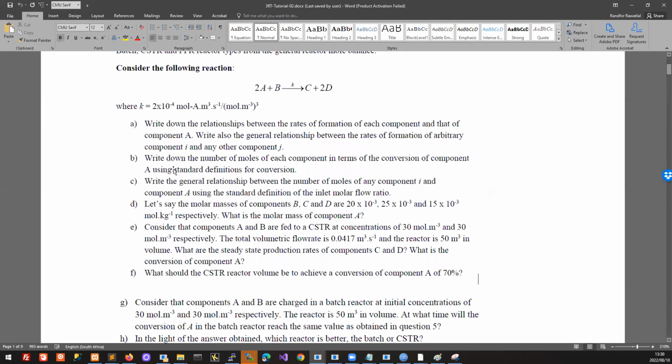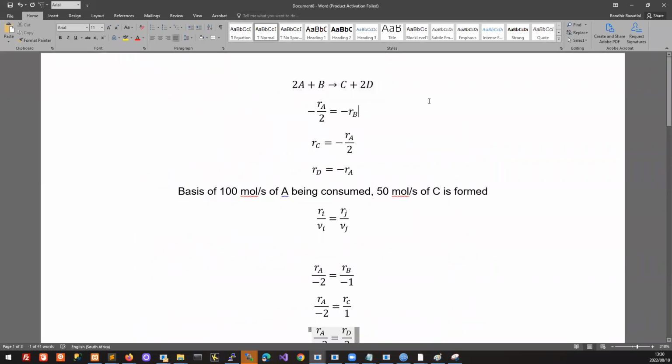All right. Now in part B, we want to write down the number of moles of each component in terms of conversion of component A. And this is something you'll see again and again in reaction engineering. Quite often, we don't want to write our expressions for every single component. We'd rather pick one basis component, usually component A, and we work everything out with respect to that component.